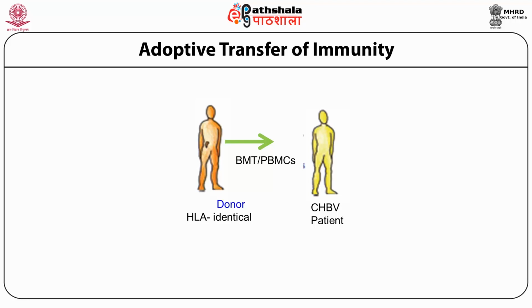We have to give a bone marrow transplant or peripheral blood mononuclear cells from a donor to a hepatitis B patient who is chronically infected with hepatitis B. We will isolate bone marrow or PBMCs from the donor, who is HLA identical, HLA matched to the patient. We will isolate the total PBMCs from the whole blood and infuse them into the chronic hepatitis B patient. This is the total cell therapy, called adoptive transfer of immunity.